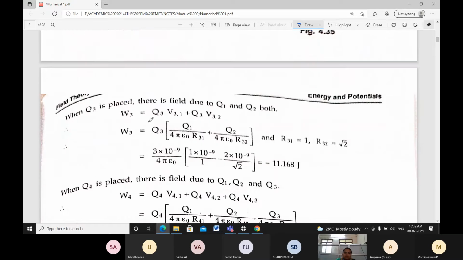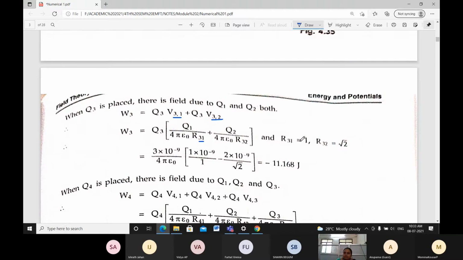Therefore, the equation is going to be, Q3 is the same in both cases so you can take it common. Then Q1 divided by 4 pi epsilon naught R31. If you are confused, if you are able to write this part directly, you can write it here as R31. Simple, right? Plus Q2 divided by 4 pi epsilon naught R32.